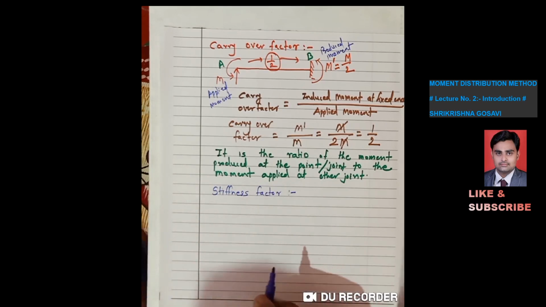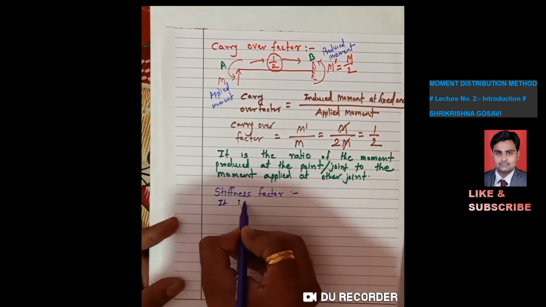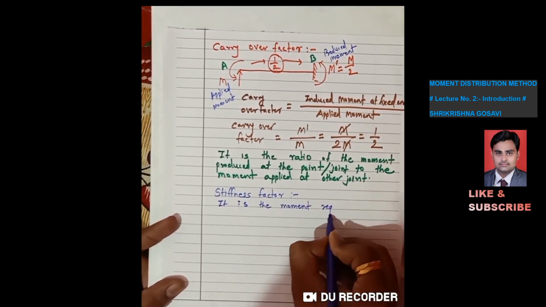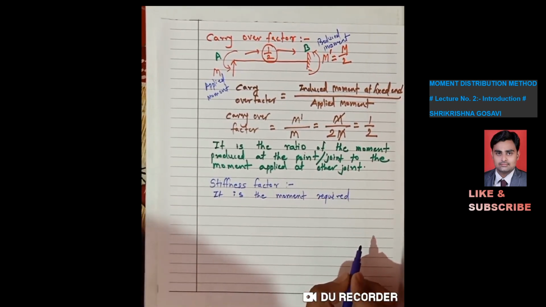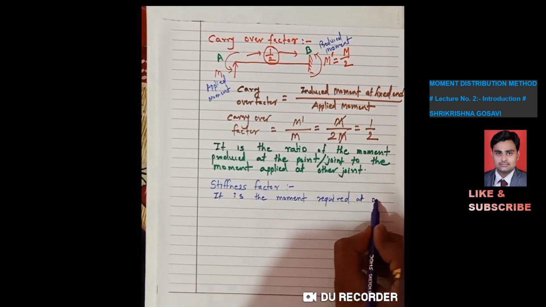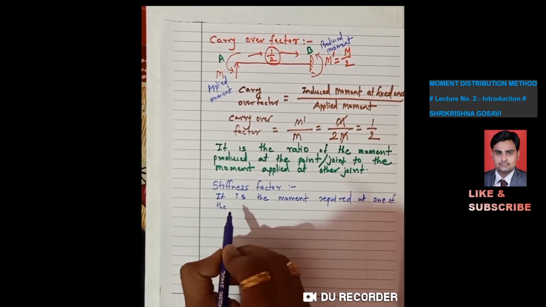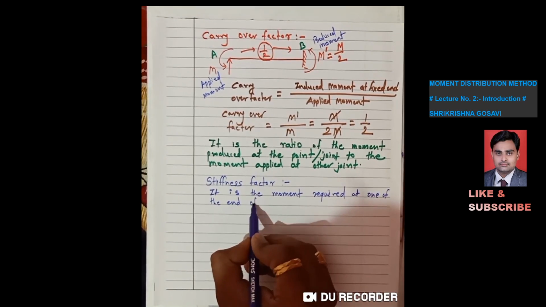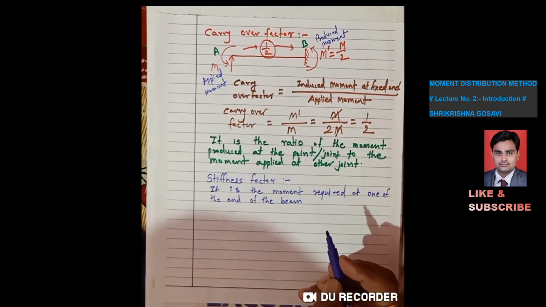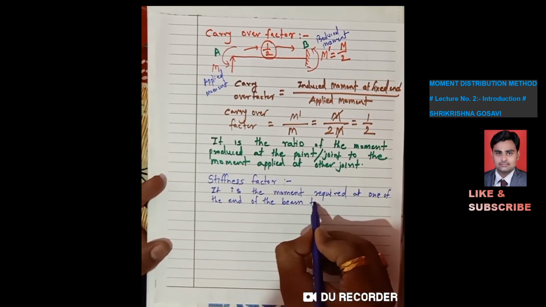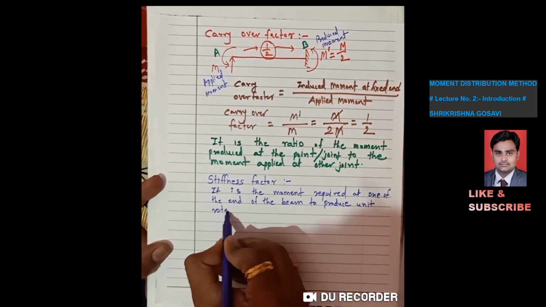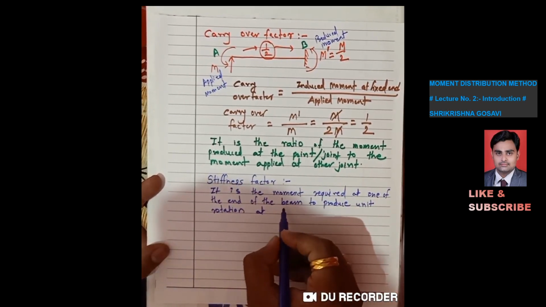So stiffness we can define as the moment required at one of the ends of the beam to produce unit rotation at that end.